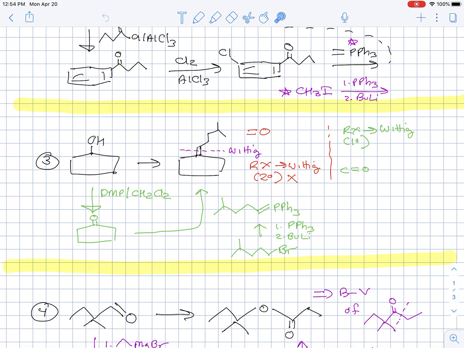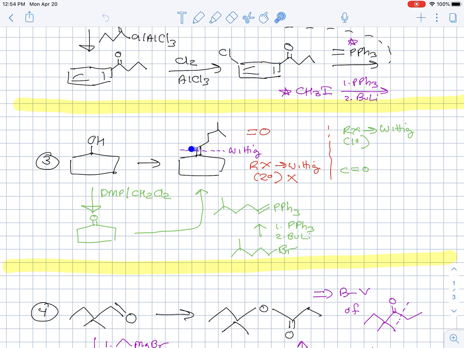So here we don't have a benzene compound. We have a secondary alcohol that we need to turn into an alkene. And again, at this point, if you have an alkene, and especially if you're adding carbons, you want to think Wittig. And when we do the Wittig, just as when we do the Grignard, you want to think about which piece is which.